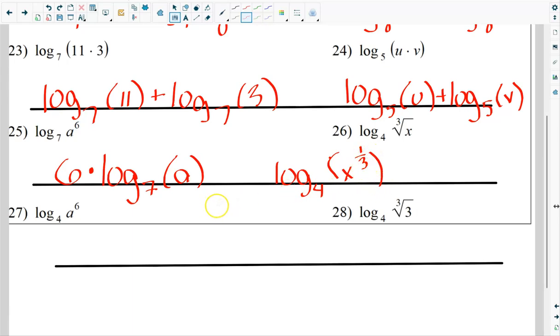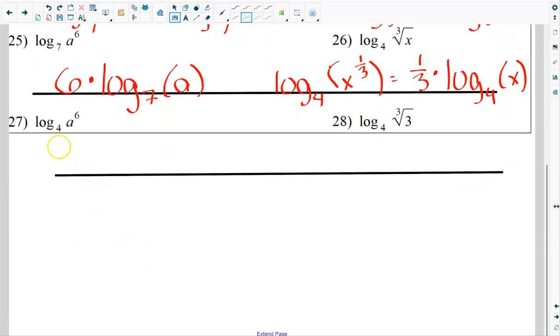Now we're being asked to expand this, so we take this and put it up here in the front. So we have 1/3 times log base 4 of x.